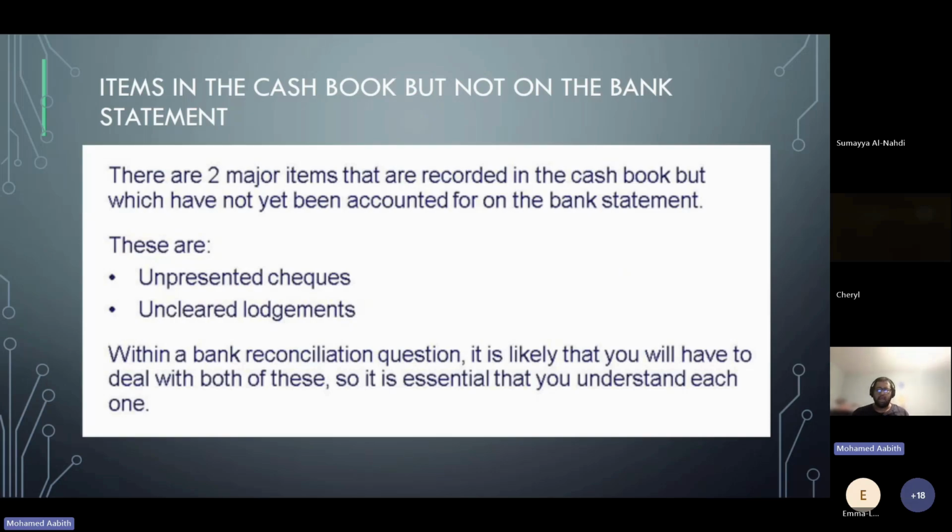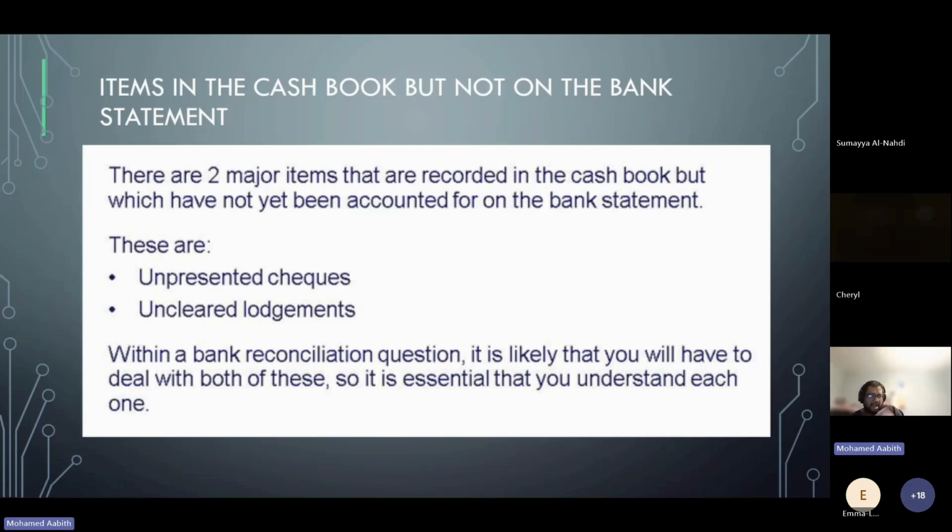Nowadays we don't use many checks, but in the past we did, and we still use that thought process to understand what happens if I issue a supplier with a check. I give them a check now. I will write it in my cash book. My cash book will say credit this amount, money went out to my supplier.